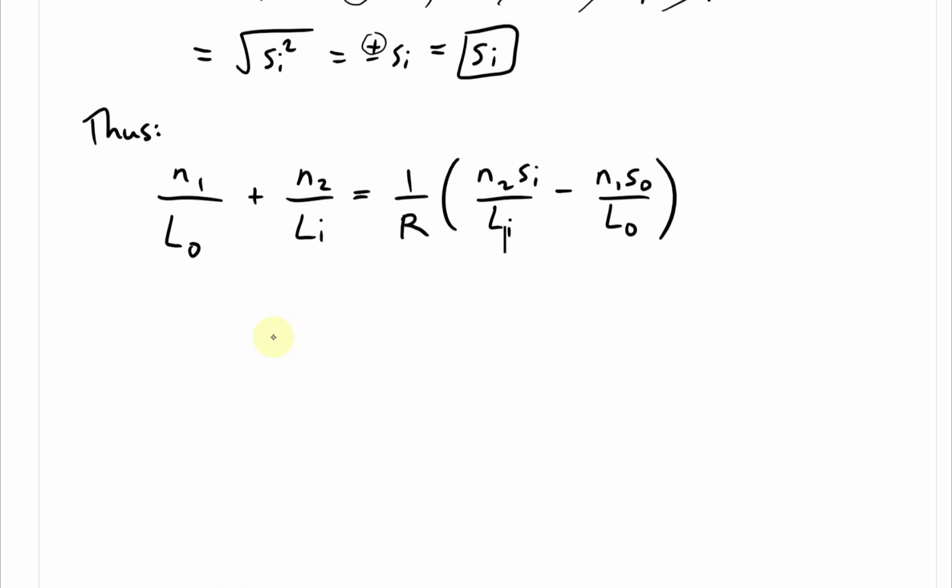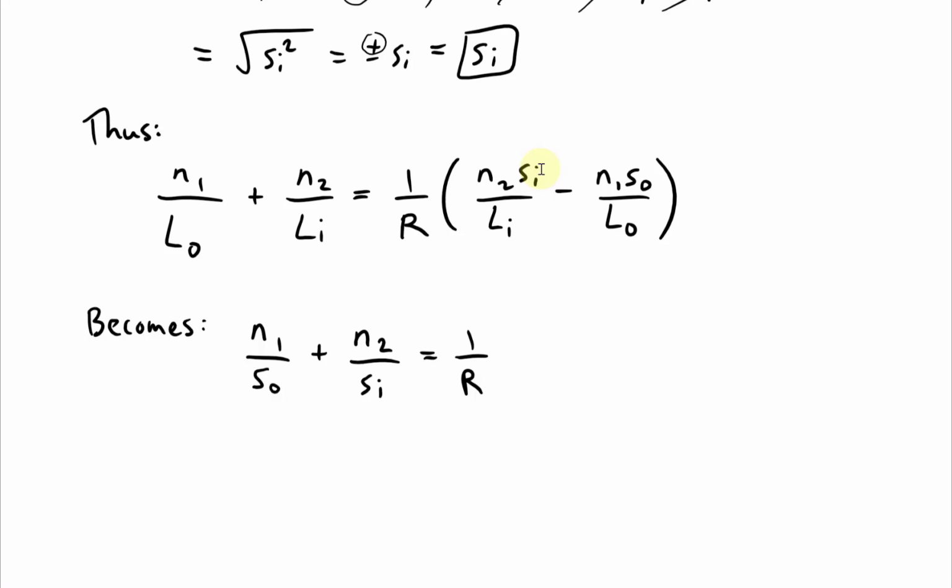So thus that equation becomes n1 over So, like that. So the distances become the flat ones. Let's write this a bit better. Plus n2 over Si, which equals now 1 over R. When you plug in Li inside here, this is Si, these just cancel. So I'm going to put this as R, and times n2 psi over Li is Si.